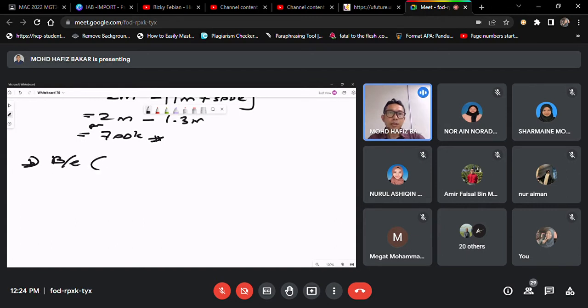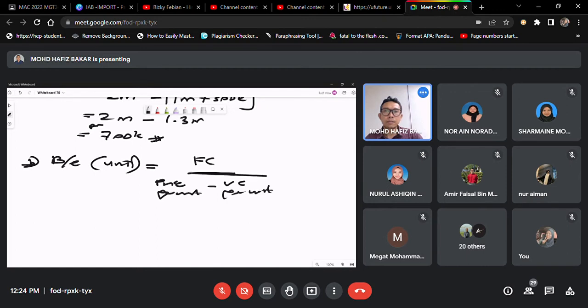Break-even point in units for 2017. Okay, so kalau ikut break-even point in units, fixed cost divided by price per unit minus variable cost per unit. Fixed cost is 300,000. Price per unit RM200.